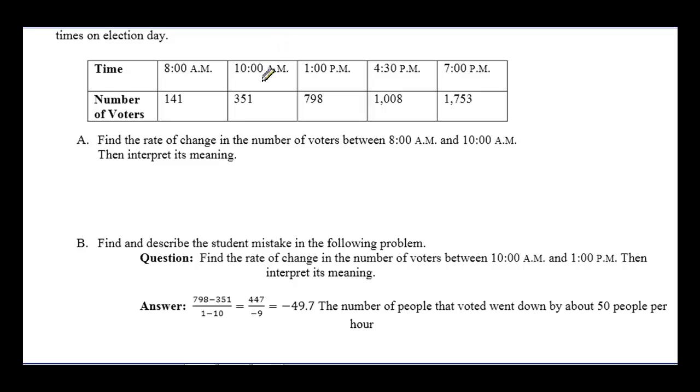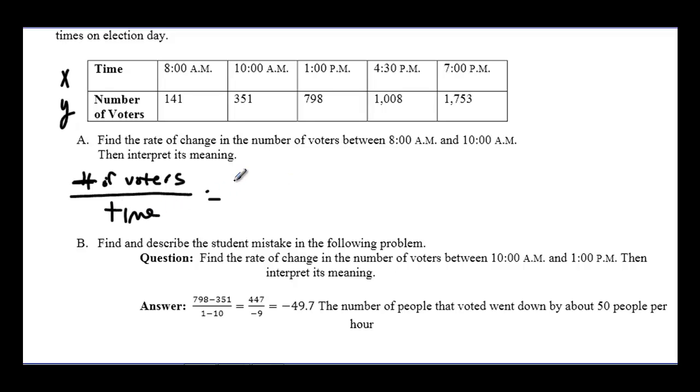Part A says find the rate of change in the number of voters between 8 a.m. and 10 a.m. Then interpret its meaning. So what we're going to do first of all is find the rate of change. This is a table. So here's our x, here's our y, and what we're doing is finding slope. So I'm going to put my y on top, so I have the number of voters over time.